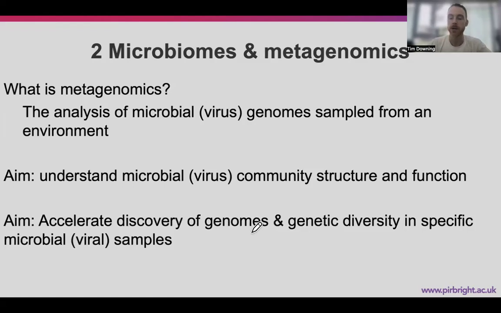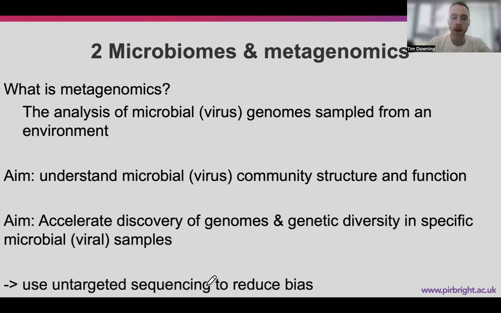And we want to accelerate our understanding of genetic diversity in these viral metagenomes. Really we're taking a broad, untargeted sequencing approach that will hopefully accelerate our experimental approaches to discovering the diversity that's present, and also avoid biases that can be induced by laborious steps in terms of culturing, passaging, and other things.